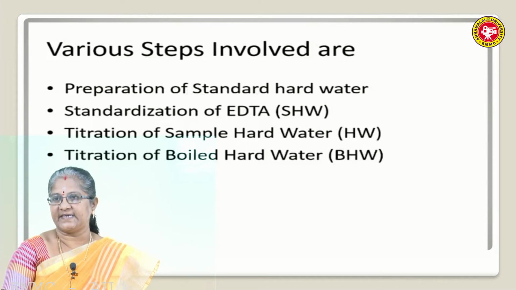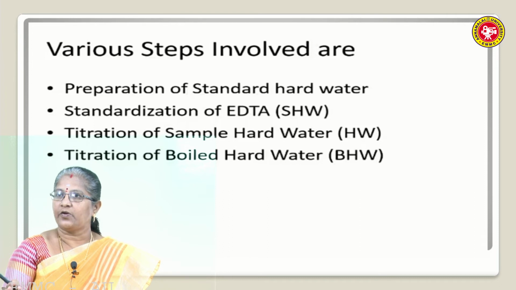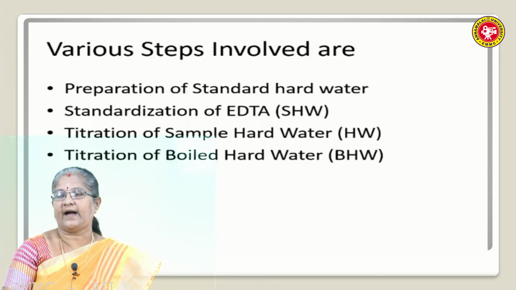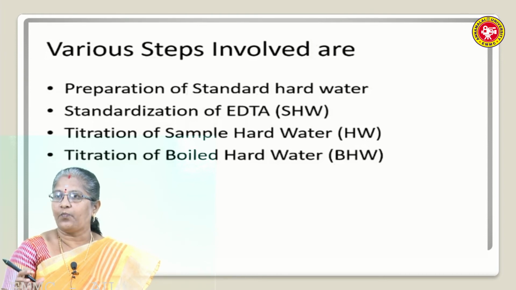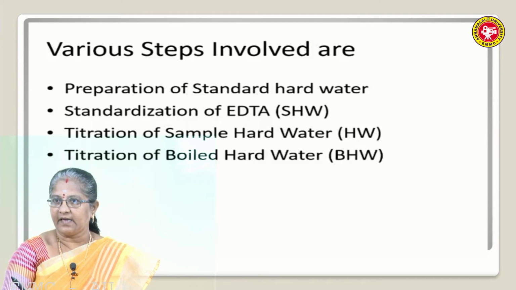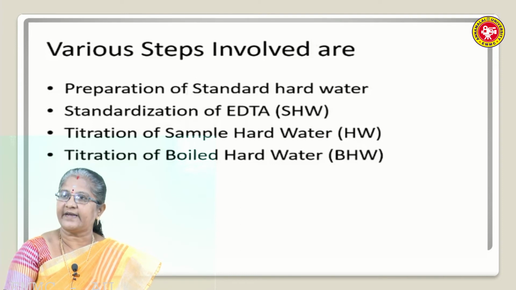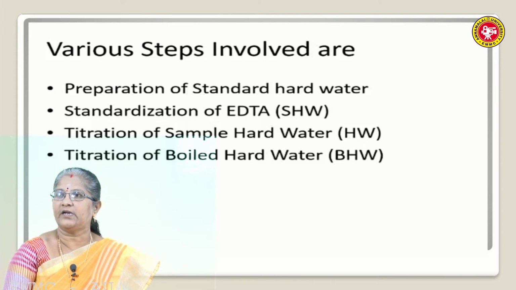Why is this step done? The sample water is given, you are going to do the titration. That titration will give you total hardness. But in the fourth step, I am going to boil the hard water. The given sample water is boiled. While boiling, all the temporary hardness producing salts are decomposed or precipitated out, and the filtrate contains the boiled hard water.